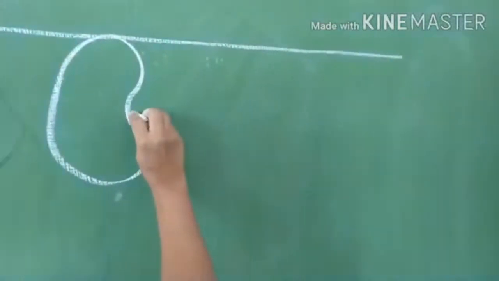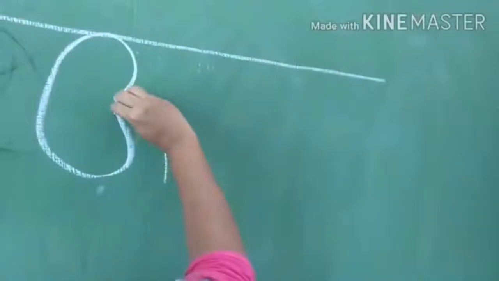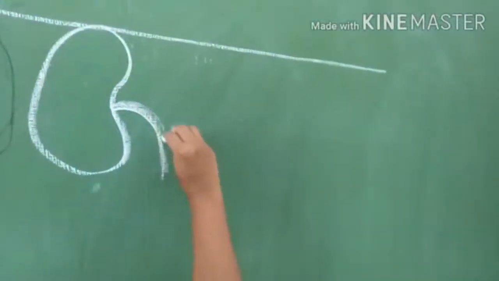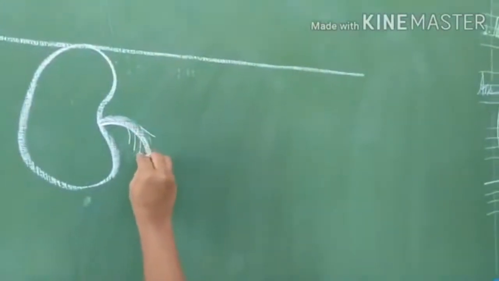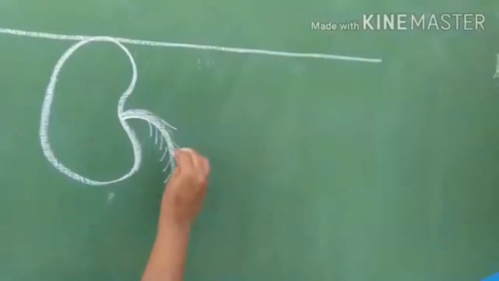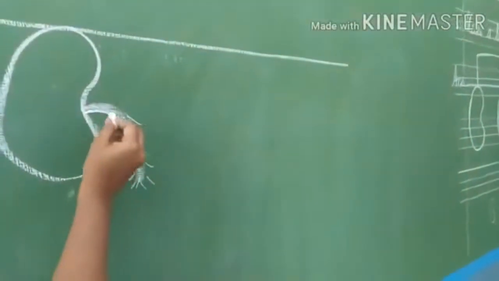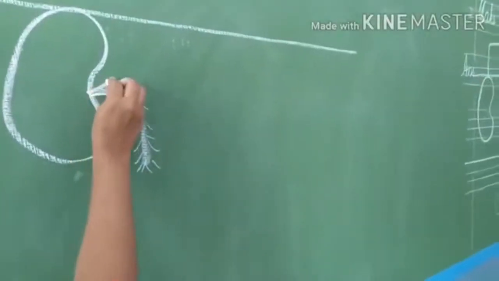Now, draw radicles. It should be towards the ground. Radicles, which means nothing but young roots.